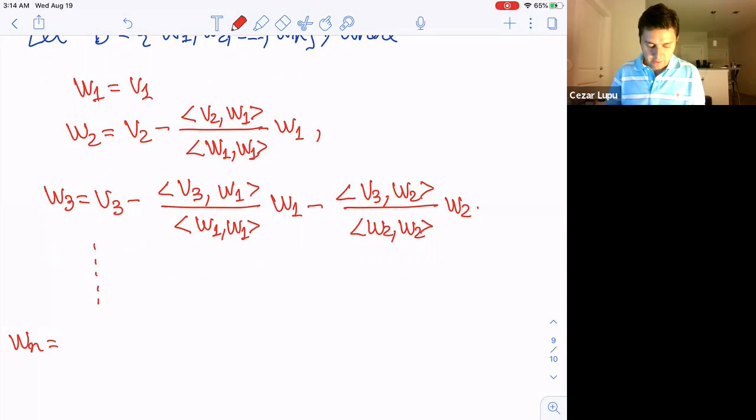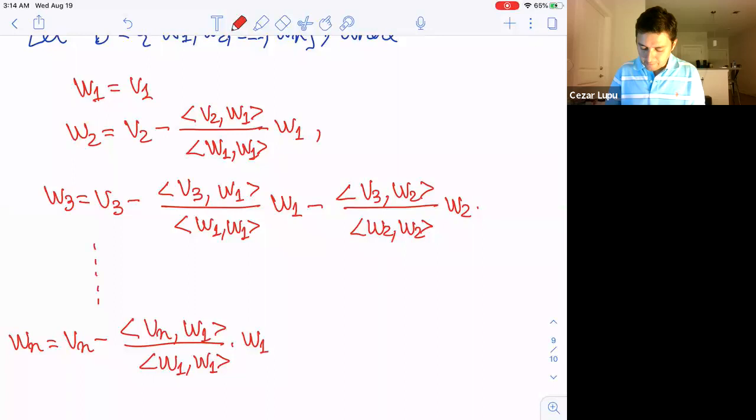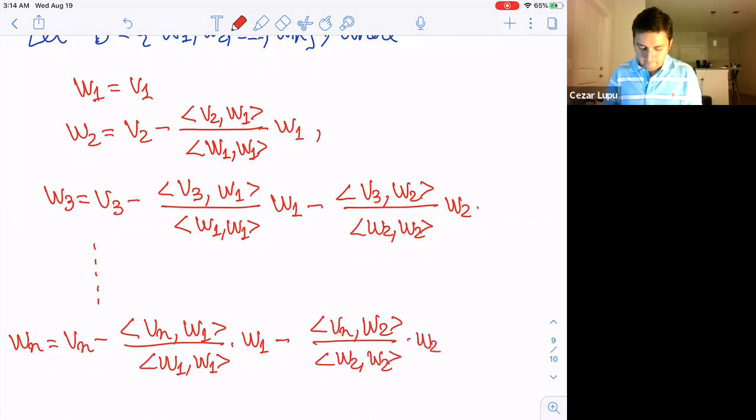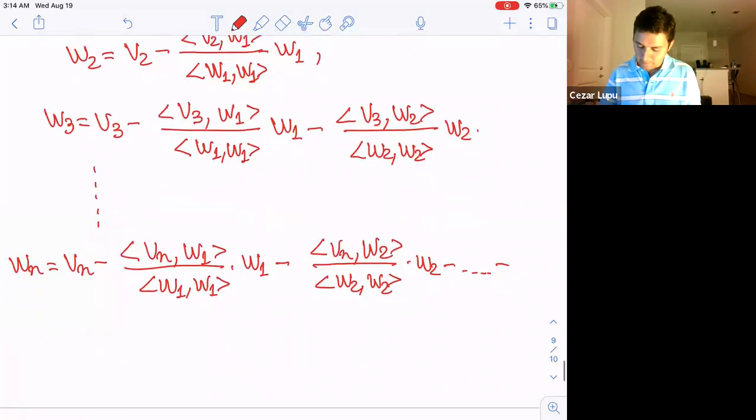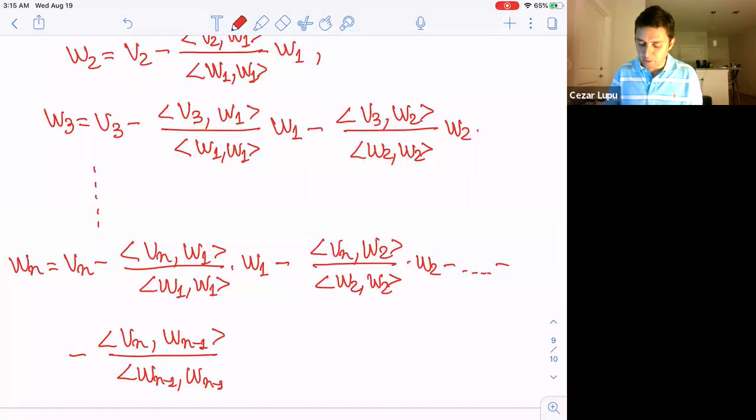We're going to write them in terms of the others, it will be Vn minus, and we keep going, all the way to the last one, so minus the inner product between Vn and Wn minus 1 over the inner product between Wn minus 1 and Wn minus 1, Wn minus 1.